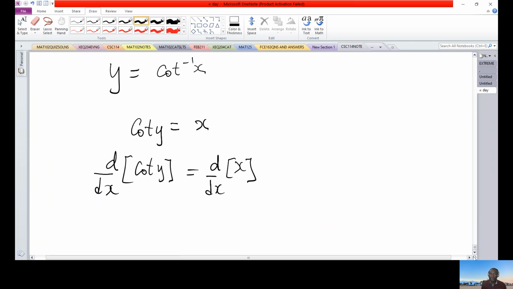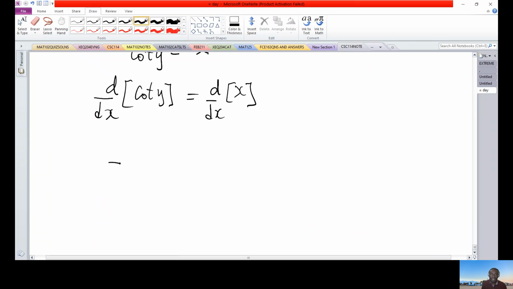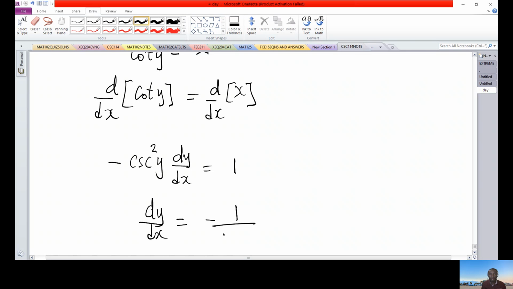Now we know that when we differentiate a cot function, we get a negative cosec squared function. Now you divide through, so dy/dx will be negative 1 over cosec squared y.